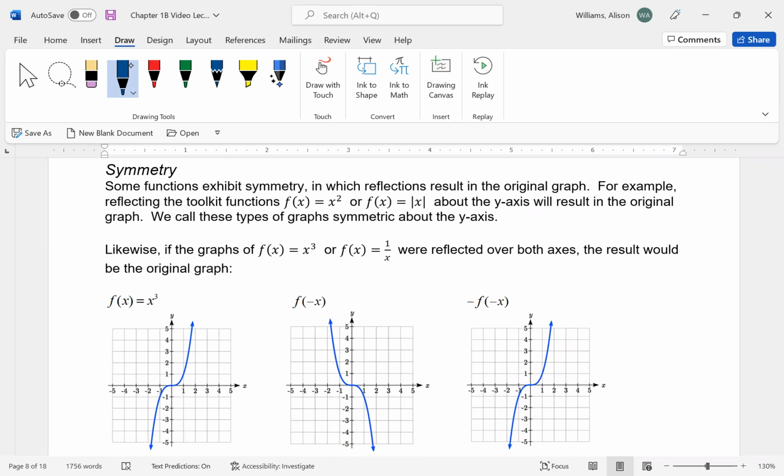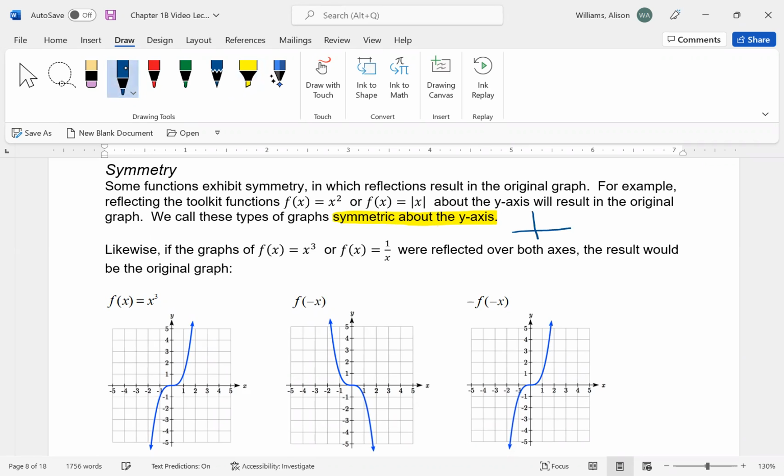So we're also interested in reflections across the origin. If we look at f of x equals x squared, or f of x equals the absolute value of x, those graphs are symmetric about the y-axis. In other words, they look like mirror images over the y-axis.